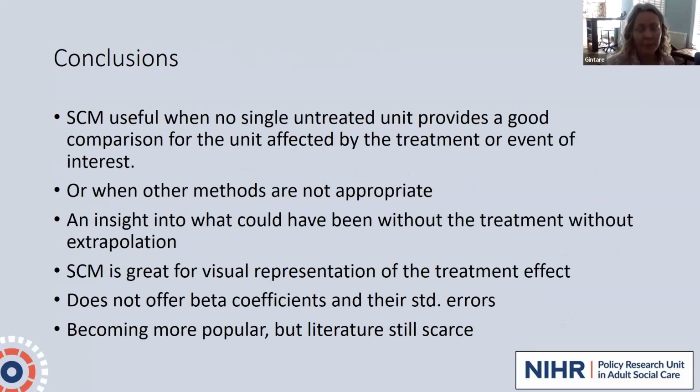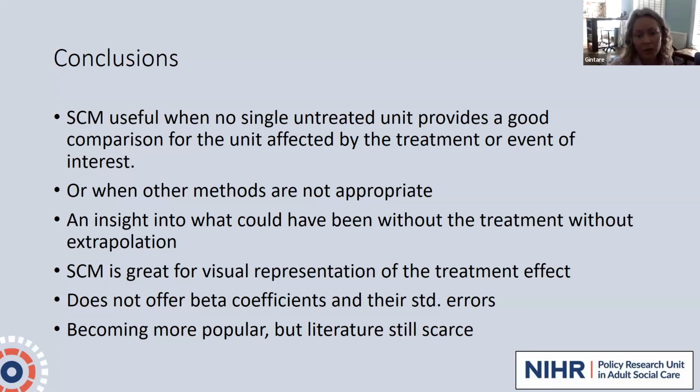So, quick conclusions: the synthetic control method is useful when no single untreated unit provides a good enough comparison and match for the treated unit, and that complicates the calculation of the effect of the treatment. Also, when other methods are simply not appropriate, it offers a nice insight into what would have happened without the treatment, without having to use extrapolation. And it's great as a visual representation.